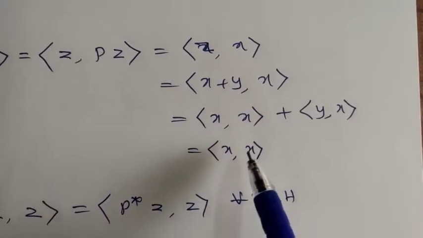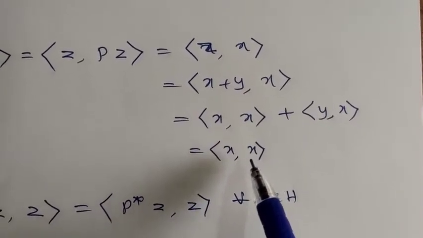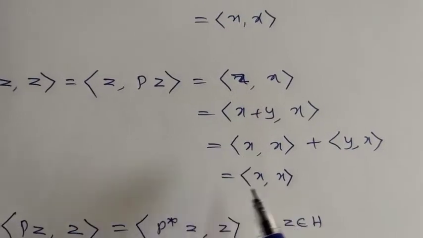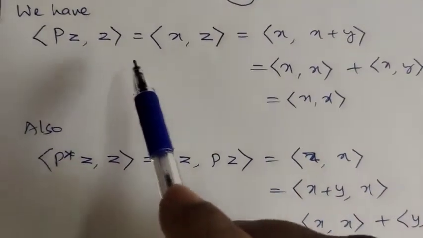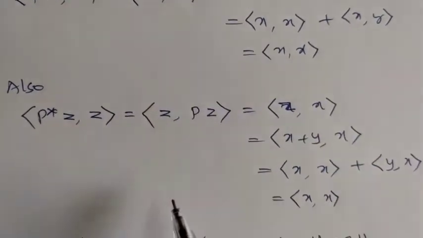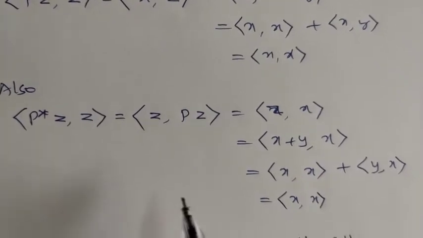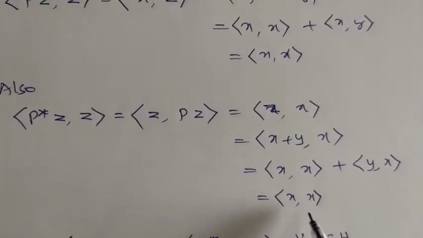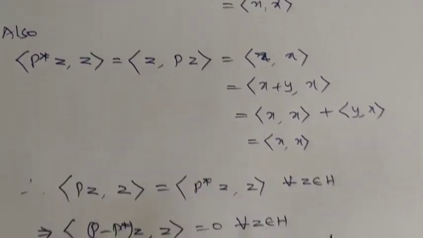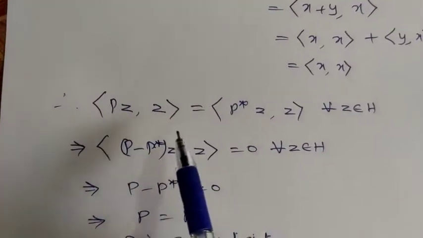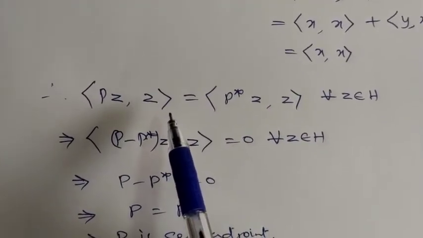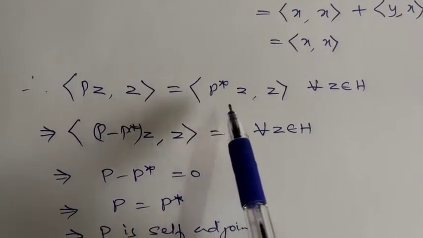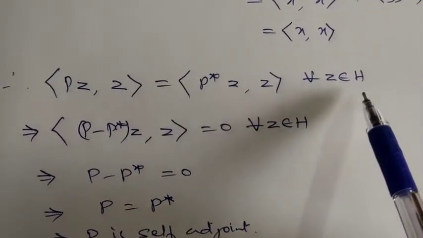This leaves only the inner product of x comma x. Now the inner product of P of z comma z is x comma x, and the inner product of P star of z comma z is also x comma x. Therefore you can declare that the inner product of P of z comma z is equal to the inner product of P star of z comma z for every z belonging to H.